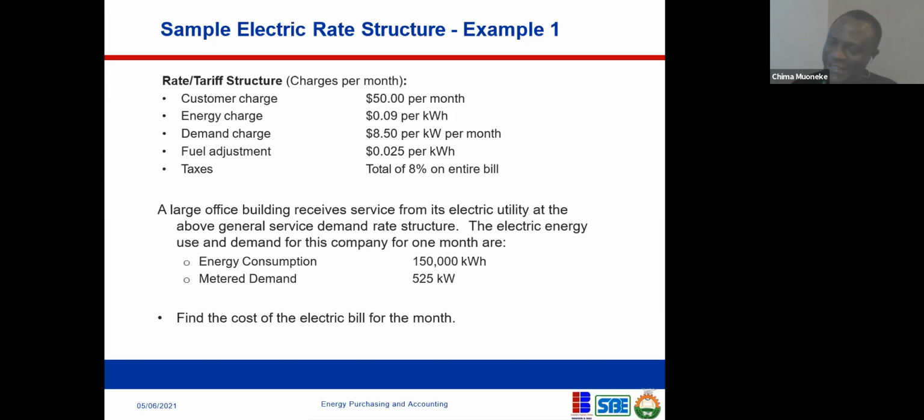Then remember there is a tax component. So we're going to multiply 21,762.5 times 1.08. That's 8% of that amount. So can you do the multiplication and then tell me what you got?